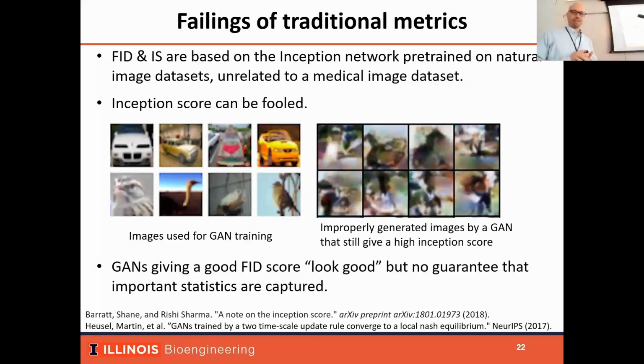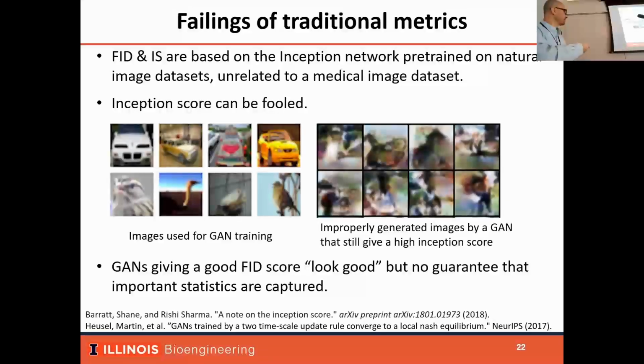But these are really not perfect, and everyone knows that. This is not new. I'm not trying to pick on them, just remind you. Both of these traditional metrics are based on the Inception network, which is pre-trained on natural images unrelated to medical images. Potentially you could retrain that network on medical images if you wanted. But in any case, the Inception Score can easily be fooled. Here's an example from the computer vision literature.